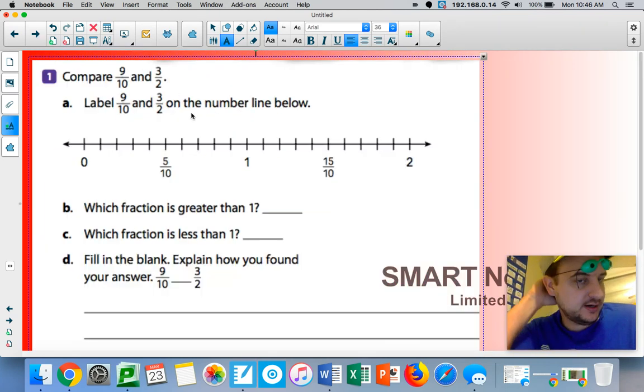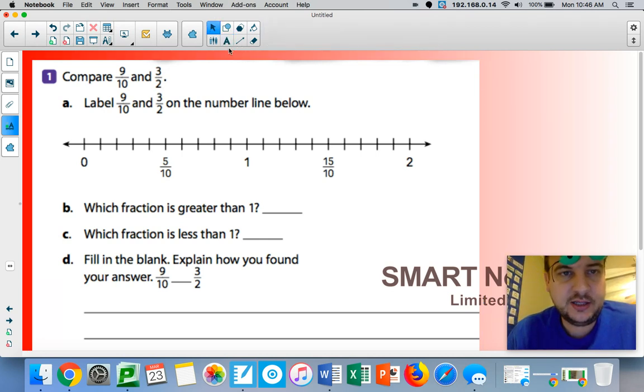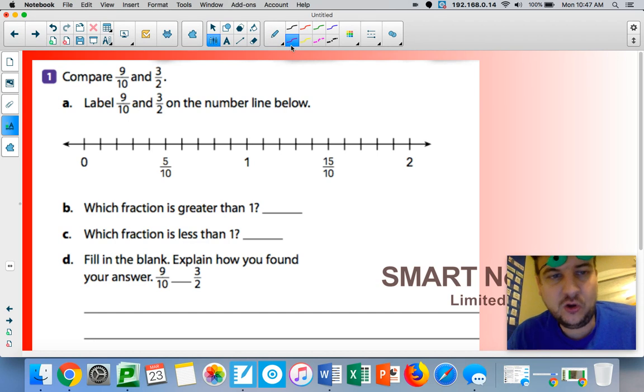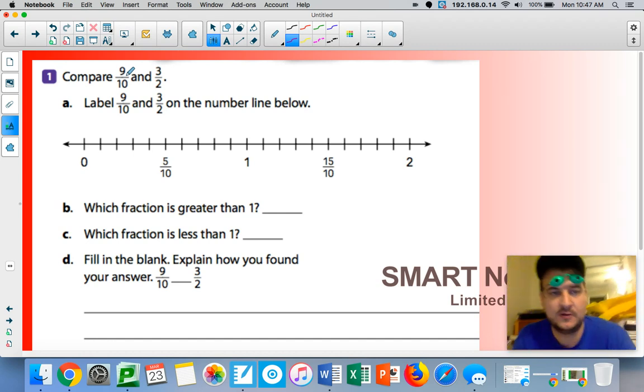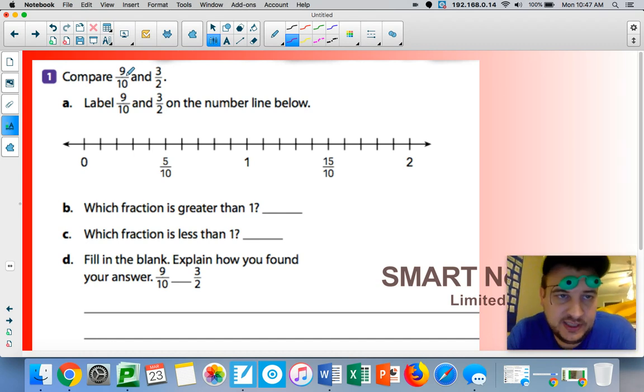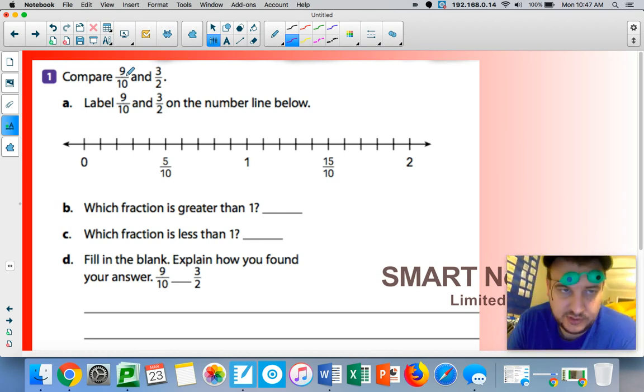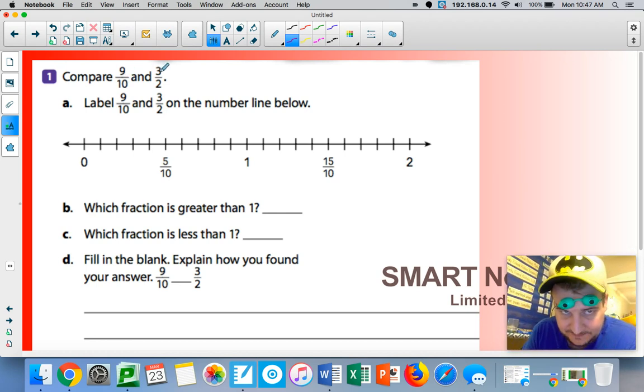All right, compare 9/10 and 3/2. First off, whenever you have an improper fraction, you got to understand improper means that it's a whole and some pieces. So 9/10, it looks big because it's got two big digits, but we're not dealing with whole numbers. 9 pieces out of 10.